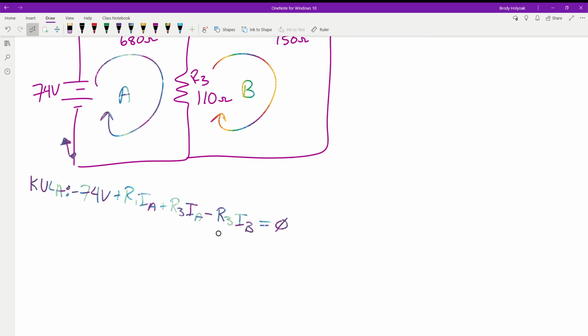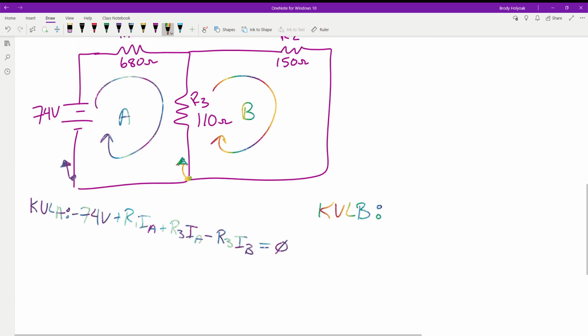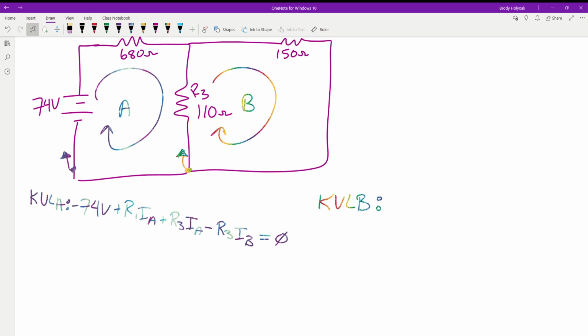Then we need to solve for our KVL B for the other loop. So again, it doesn't matter where we start, just as long as we start at one point, make the full loop, and come back to it. So the first thing we run into, we'll start here, we run into what? R3. So we have R3 times IB, and we're assuming it's positive because we're dealing with IB.